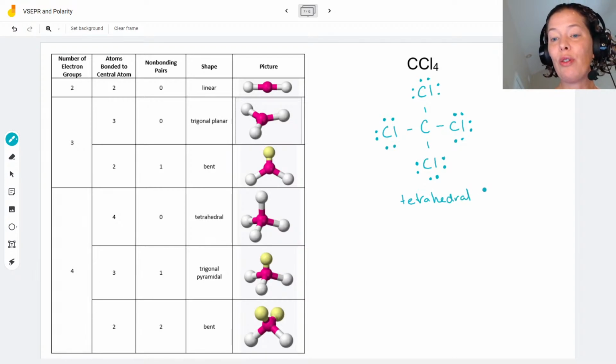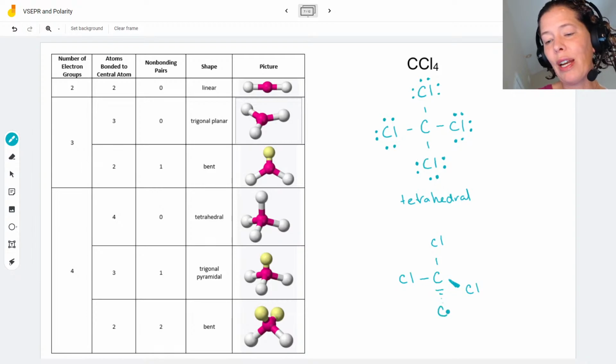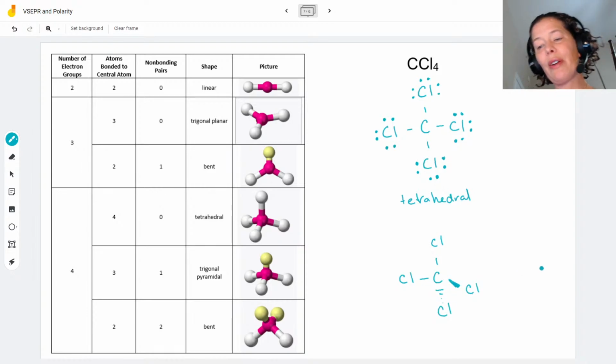Now I am going to attempt to draw carbon tetrachloride in a 3D shape, again with the wedge and dash. I think all of my organic colleagues are probably horrified at my drawing skills, because they are much better at that.